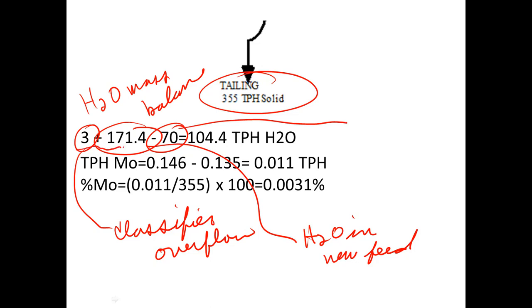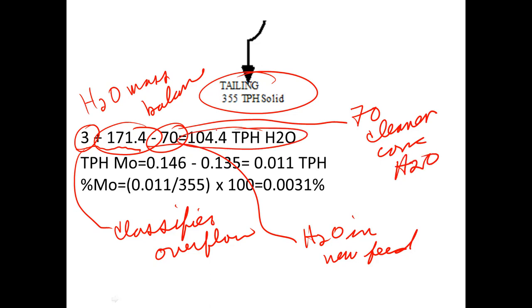So these two are water flows in. The 70 was the cleaner concentrate water value. And we're left with 104.4 ton per hour leaving the system in the tailing.